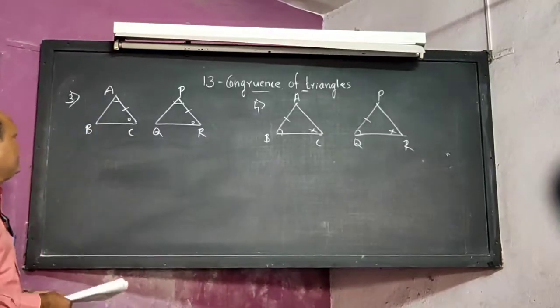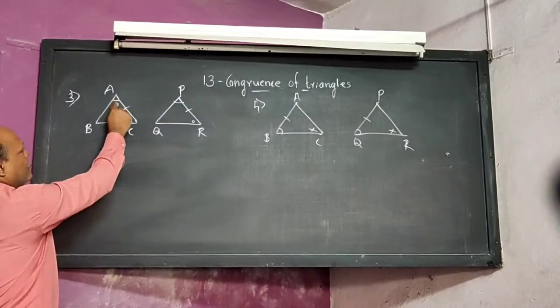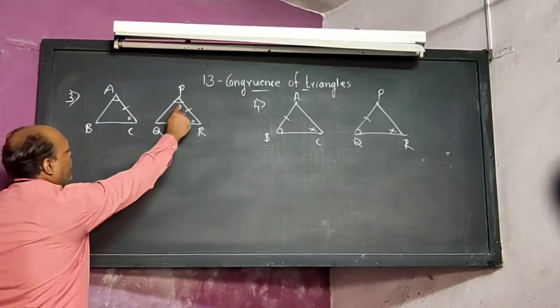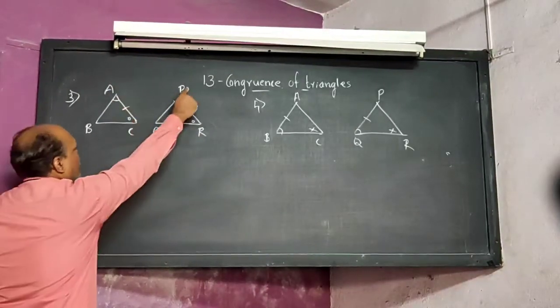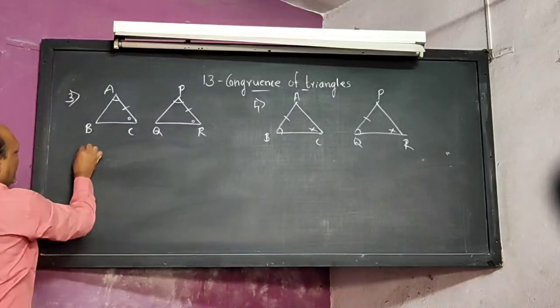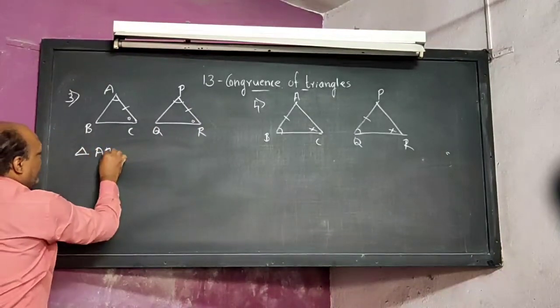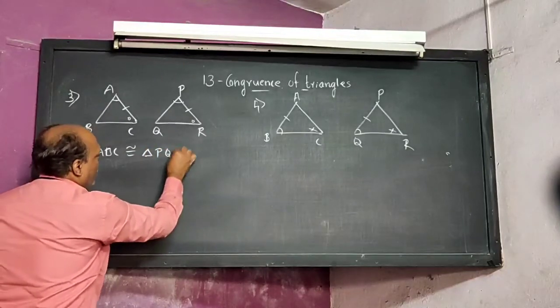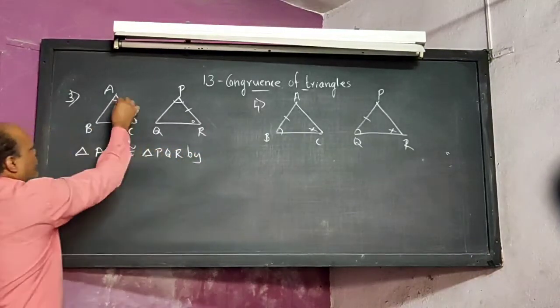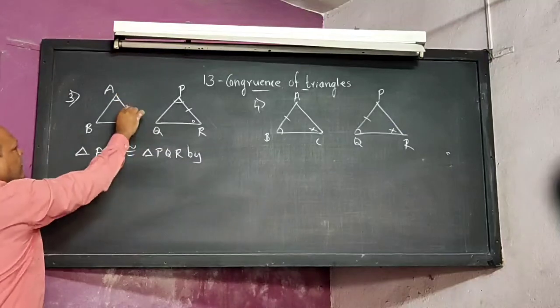Okay, here the third one, we can say that by the marking, angle A is congruent to angle P, angle C is congruent to angle R, and AC is congruent to PR. That is, triangle ABC is congruent to triangle PQR by, here between the two angles one side is included.